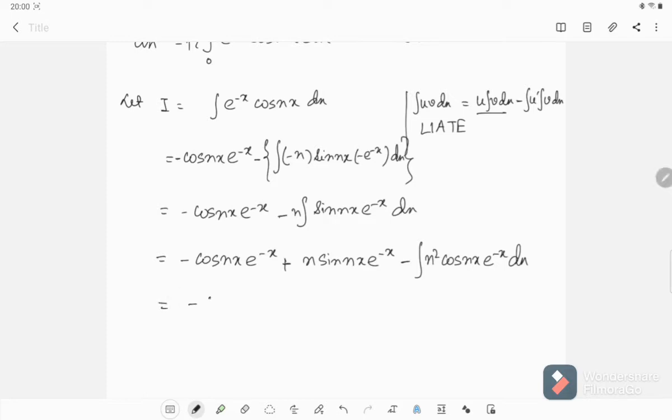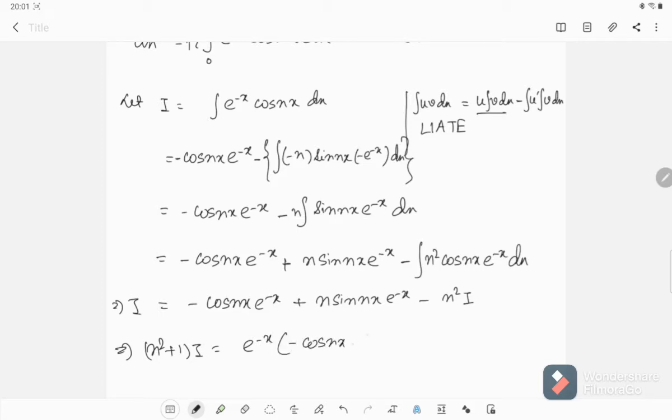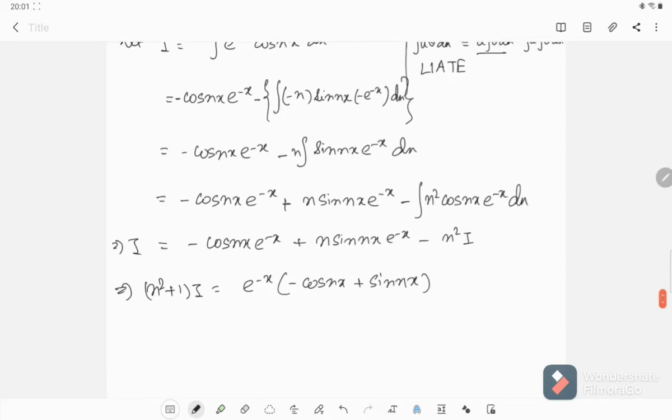So we write cos of nx e to the power minus x plus n times sine nx e to the power minus x minus n square times I, or n square plus 1 times I is equal to e to the power minus x times minus cos nx plus n sine nx, right?